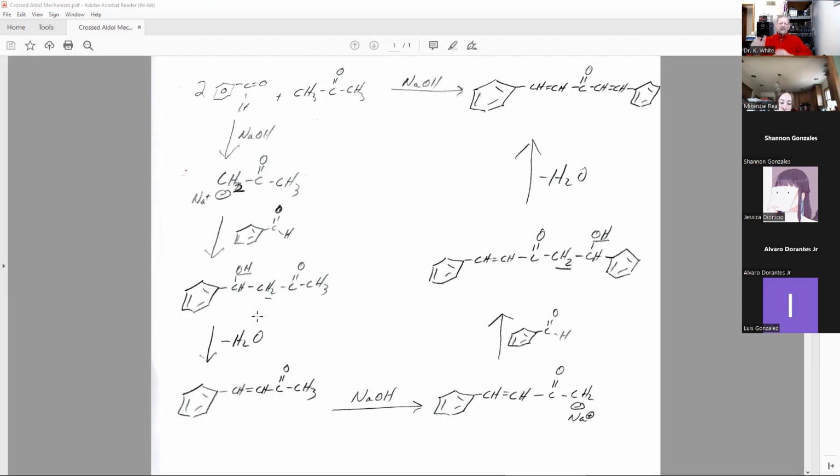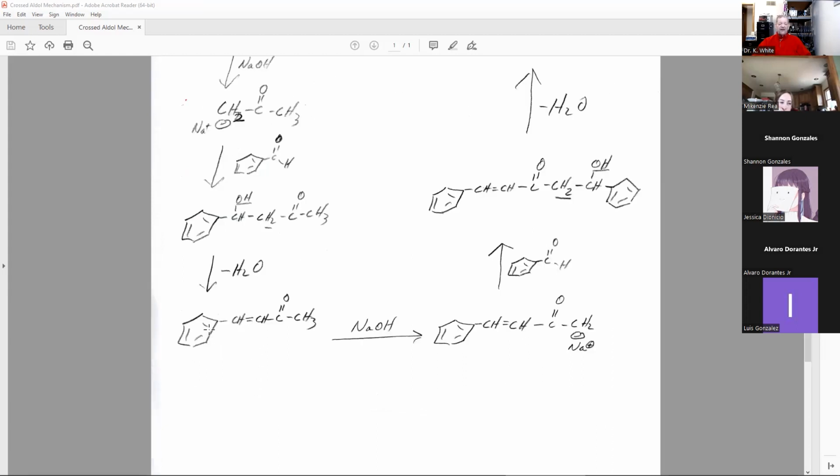If I lose H and H and O, H2O, I'm losing water, and between those two carbons I form a double bond. And notice this double bond is now conjugated to the benzene ring and to the double bond of the carbonyl. So that makes it stable.